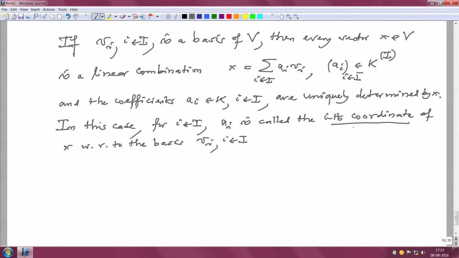Sometimes these are also called ith components, but I will use ith coordinate.